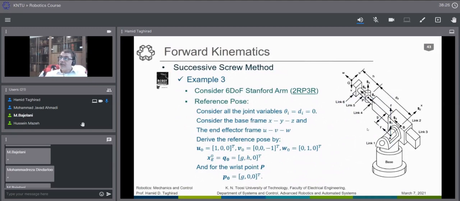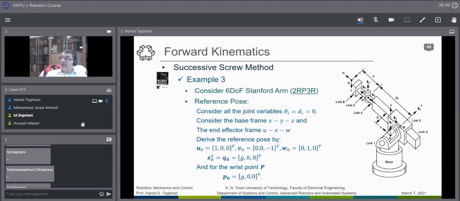Again, we do the same old thing. So we put it into a very simple, fully extended arm with all theta i's and d i's equal to 0. If we use this, you should have a physical understanding or shape of the robot.